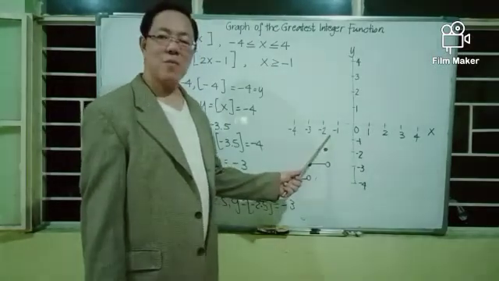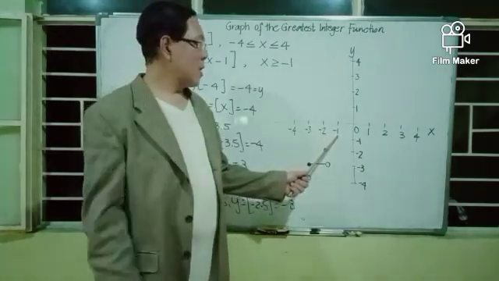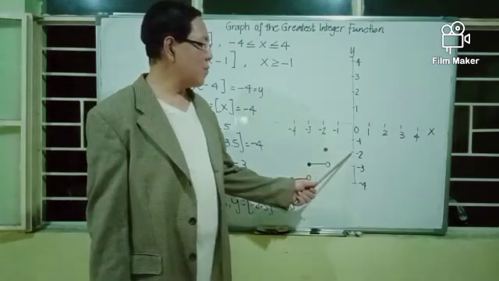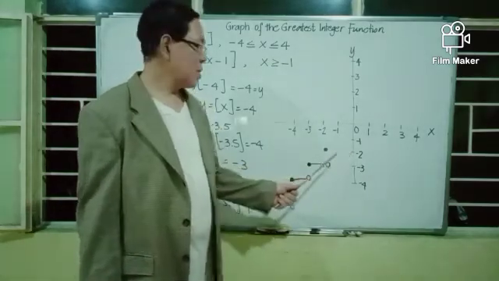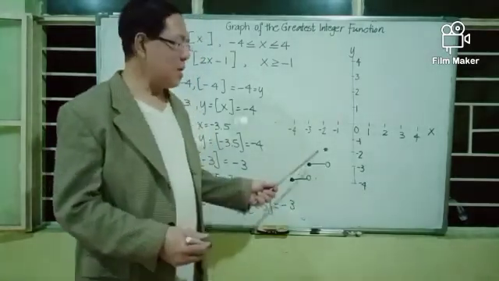Hence, if you take values of x from negative 2 to a real number very close to negative 1, the value of y is negative 2. And we indicate that by a line in the graph.